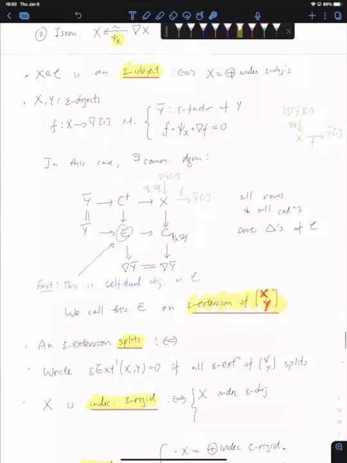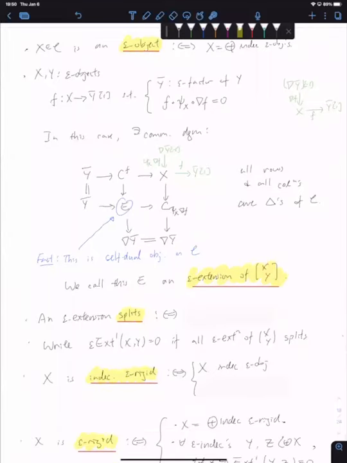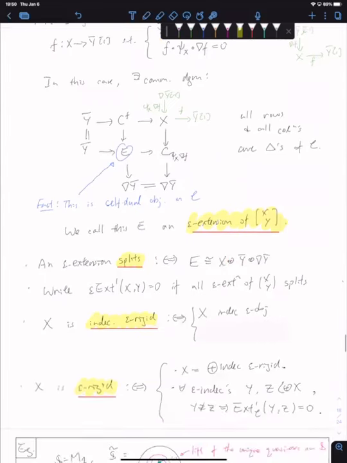I will call such an epsilon extension split if this new object, this epsilon extension, is just the direct sum of your original X and the epsilon factor of the other one. I will write this notation if all epsilon extensions split.